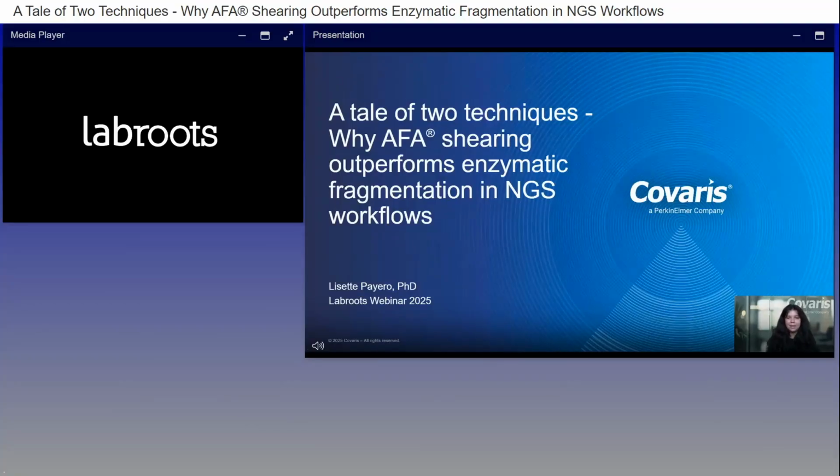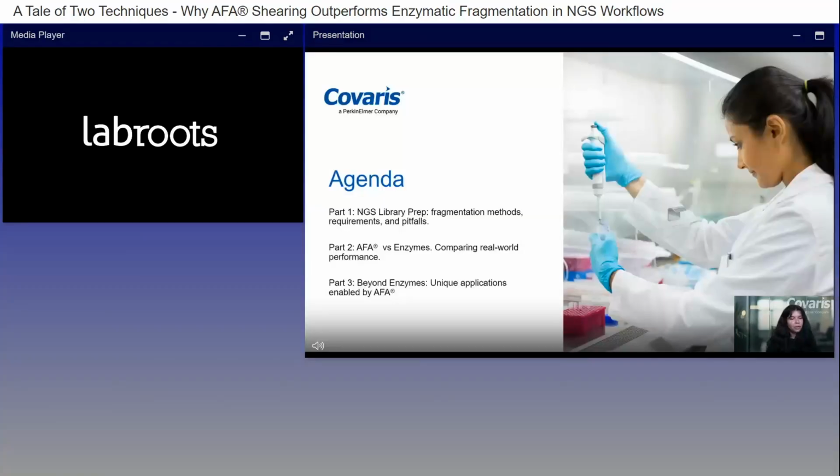Today I'm really excited to bring you a tale of two techniques: why AFA shearing outperforms enzymatic fragmentation in NGS workflows. We're going to bring you this story in three parts. Part one is an overview of next-generation sequencing, NGS library prep, fragmentation methods, requirements, and pitfalls.